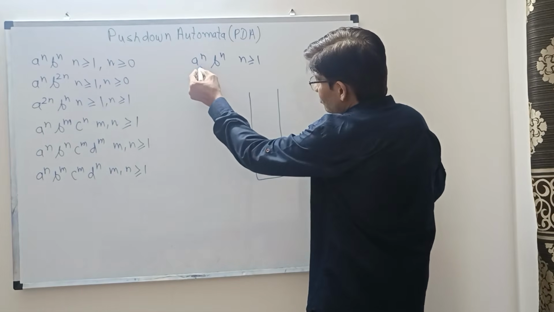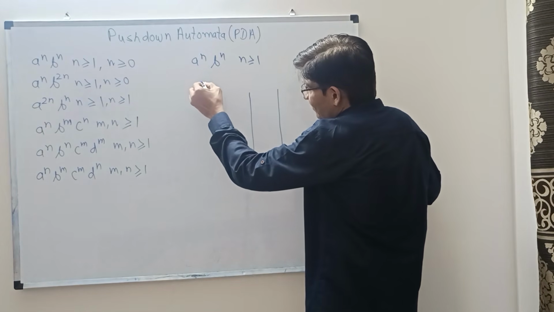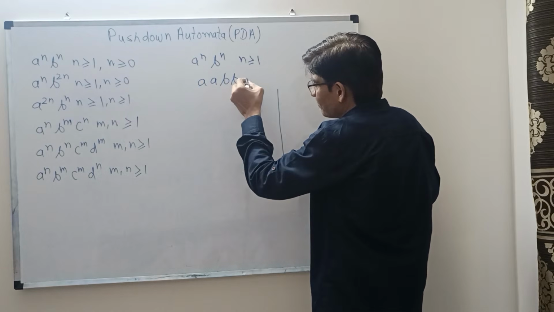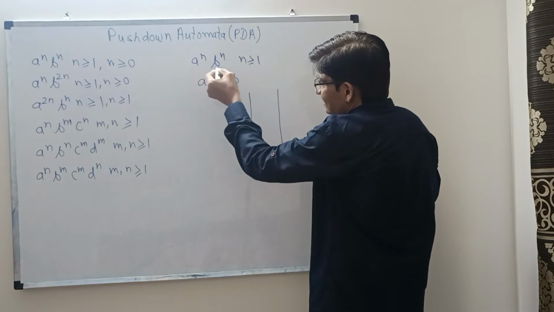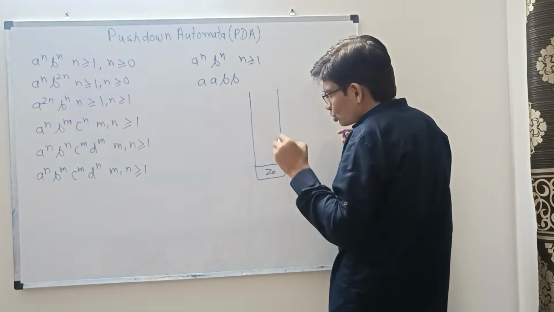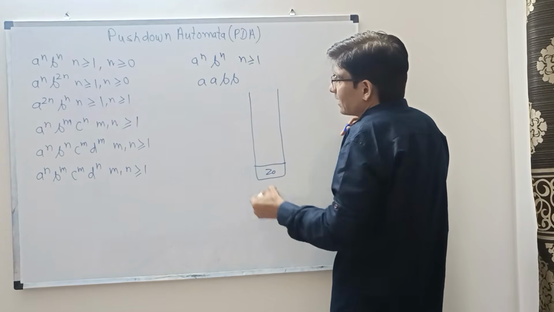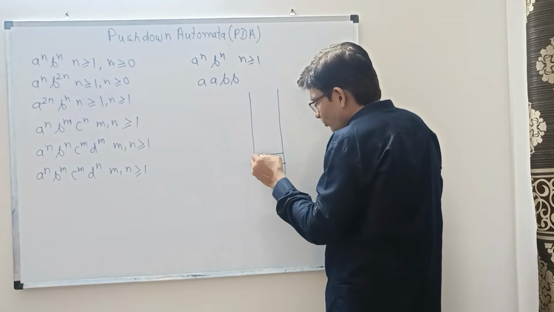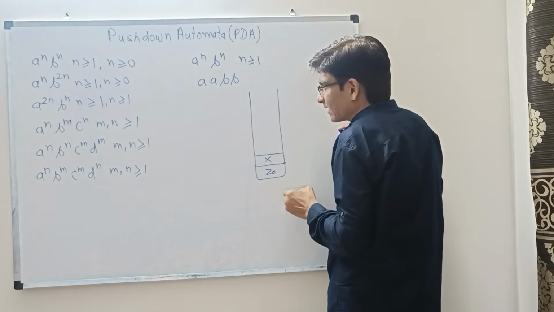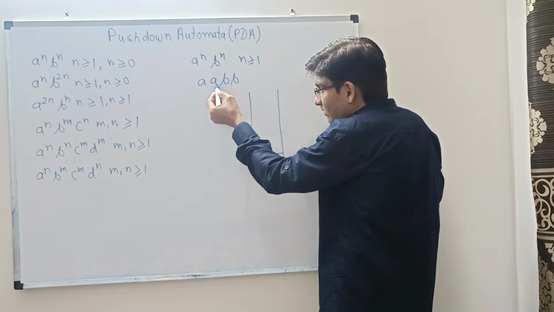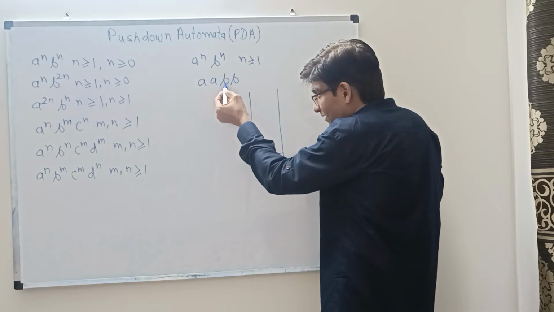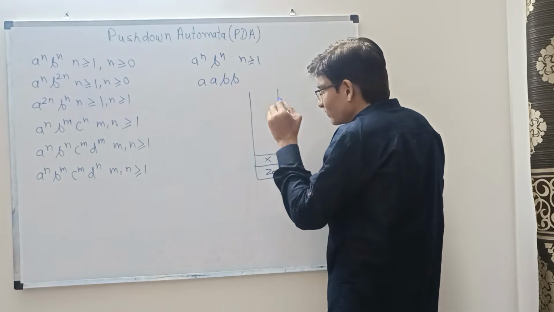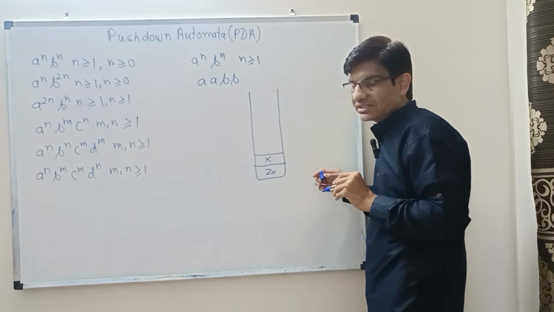Now, take any string, like aabb, which is a valid string for this language. My idea is whenever we are reading a, we will push one symbol X into the stack. And whenever we are reading b, we will remove one X from the stack.